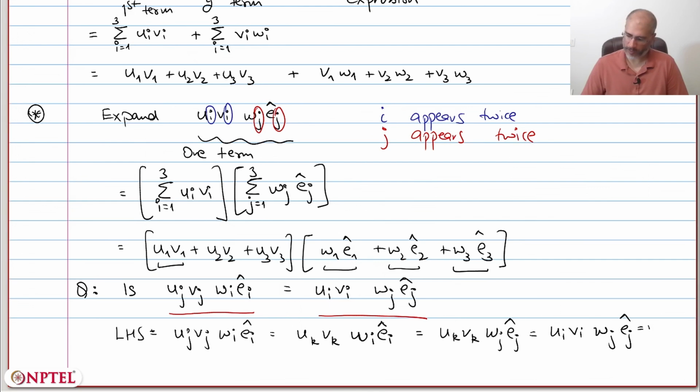And you can see that this is equal to the right hand side. So this clearly shows us that these two expressions are exactly the same. We can swap the dummy indices because of the nature that they are dummy or repeated.